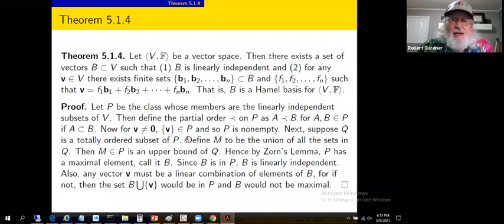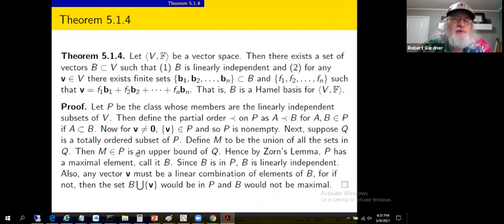First, it's a non-empty class. If we take a non-zero vector, the set consisting of that single vector itself forms a linearly independent set. A single non-zero vector forms a linearly independent set. So this class of sets of linearly independent vectors is non-empty. So this P collection is non-empty.